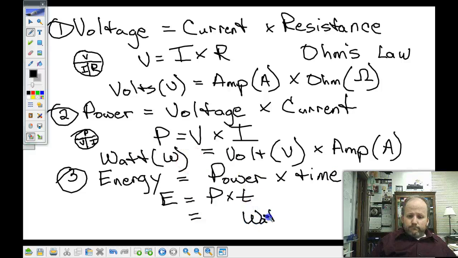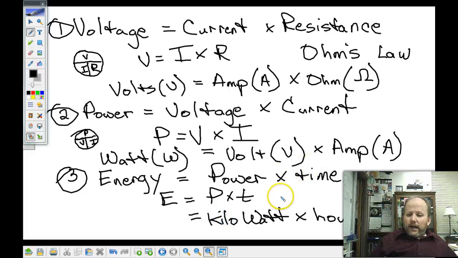Time could be many things. Usually we do time in science in seconds, but for my argument, I'm going to say that we're going to do it in hours. And then I'm going to say that we are going to use so many watts that we usually use kilowatts.